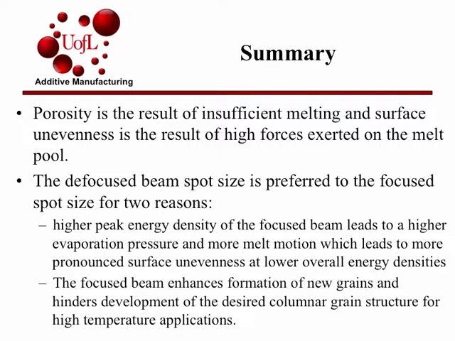First, the focused spot size had a higher peak energy density, which led to higher evaporation pressure and more melt motion, which led to more surface unevenness. And the second reason was that the focused beam enhanced the formation of new grains, which hindered the development of the columnar structure that they wanted.